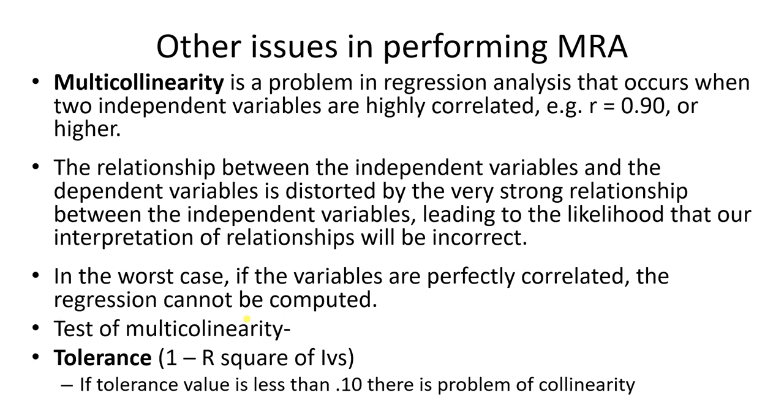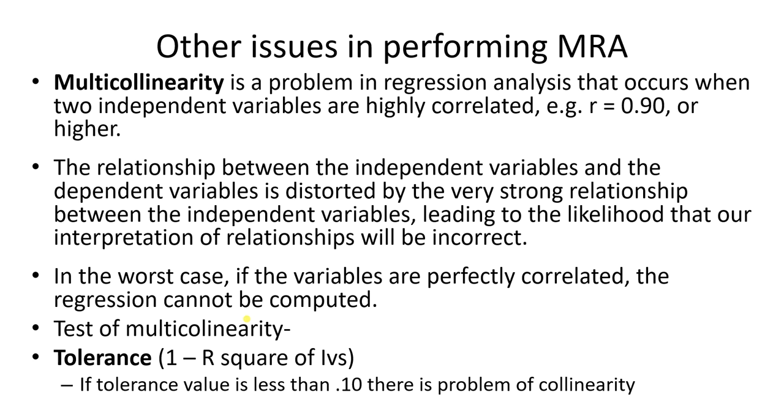There are other issues that should be taken care of while performing multiple regression. One issue is called multicollinearity. When the predictors are highly correlated with each other, say 0.8, 0.9, then they are basically duplicates of each other. They will not make any significant contribution because they have very high overlap.